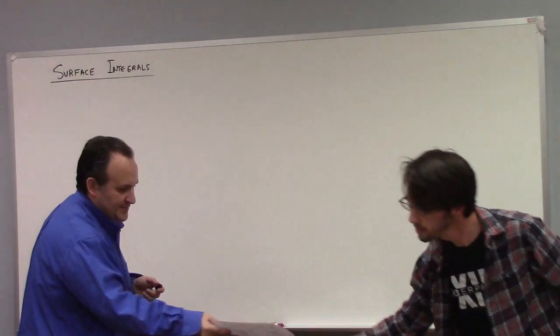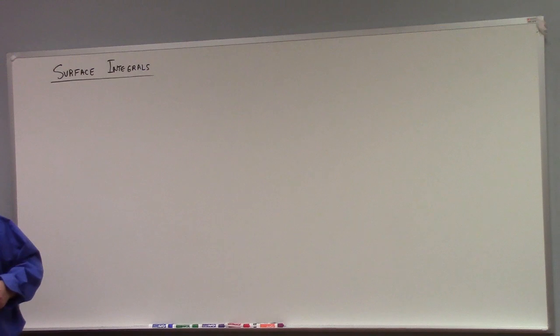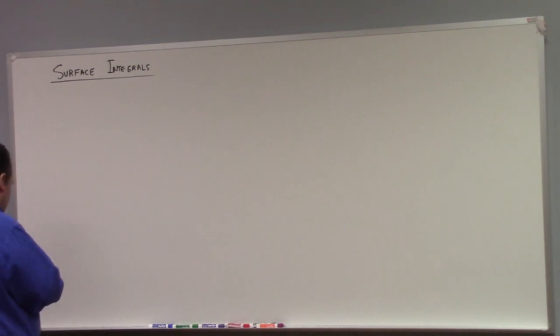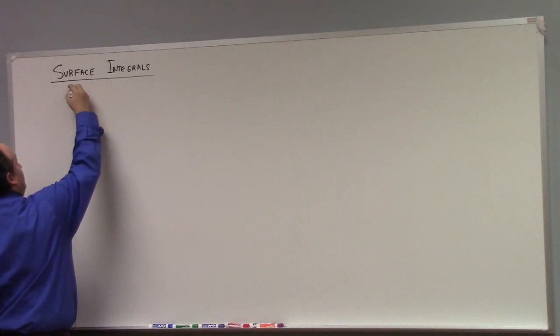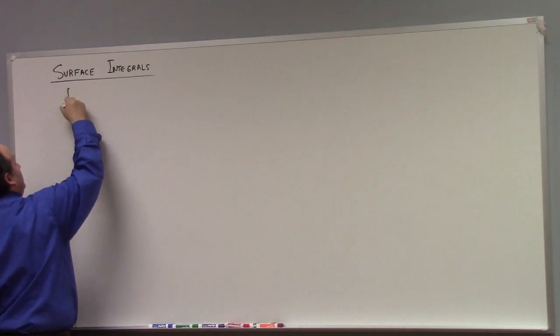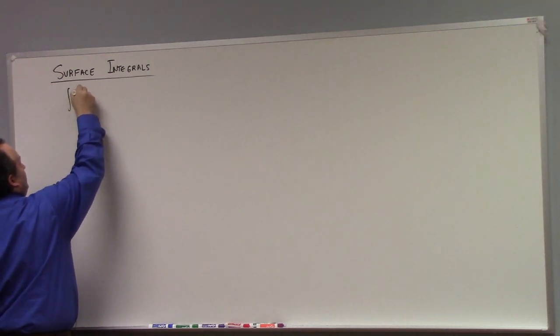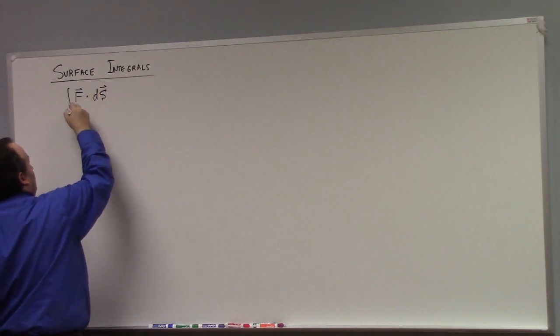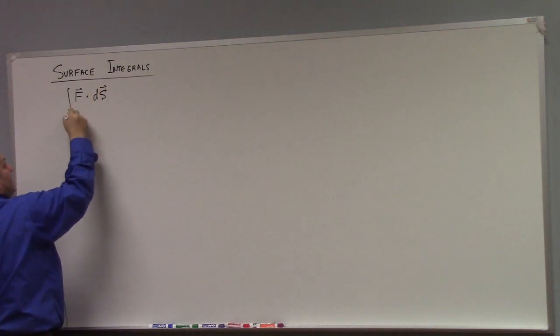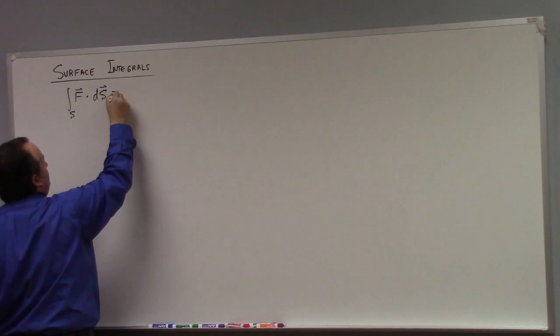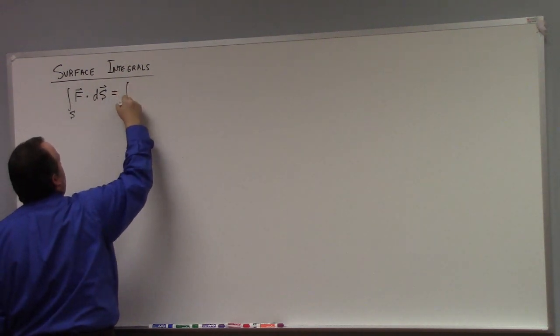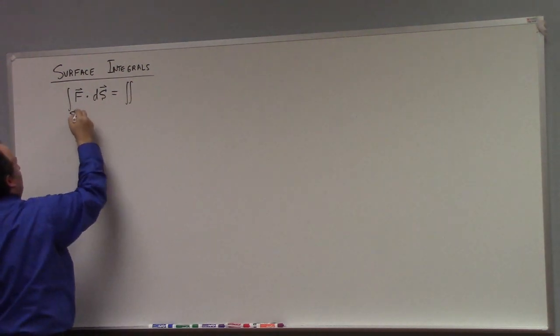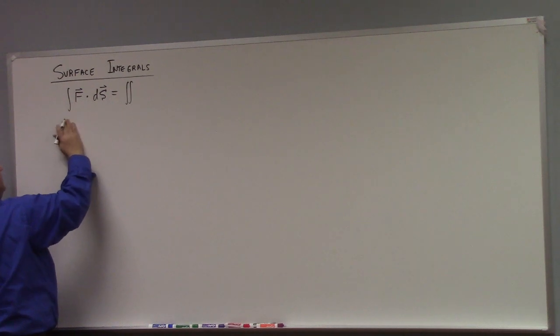If we have those two things, then our definition is the integral of F dot dS over the surface, which I'll call S, is equal to the integral, and the S is actually equal to what?